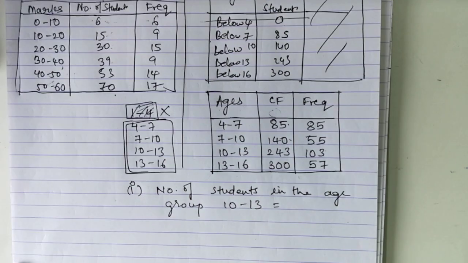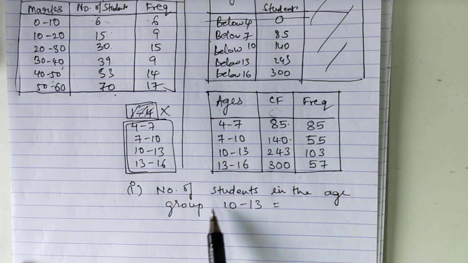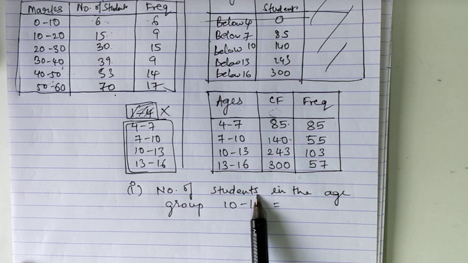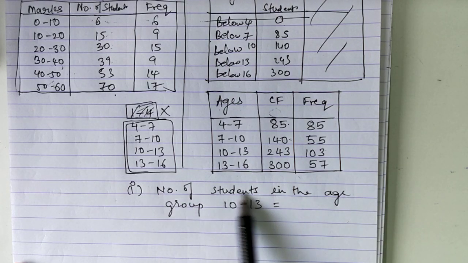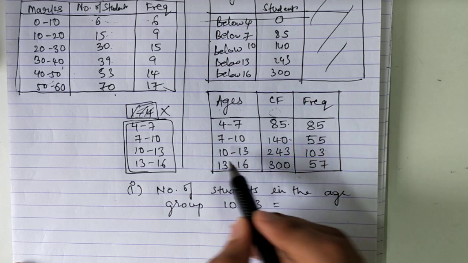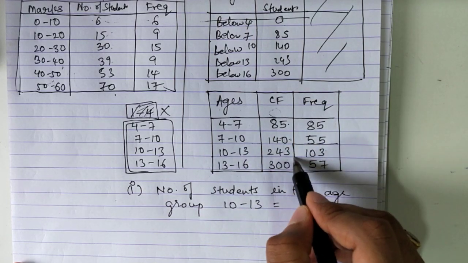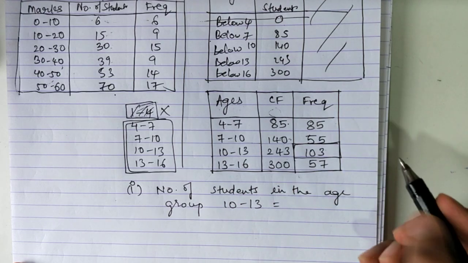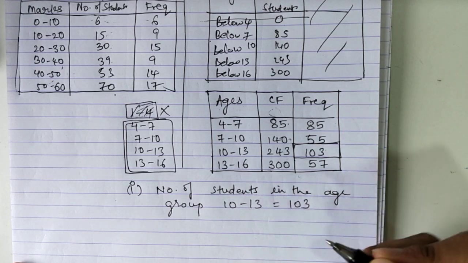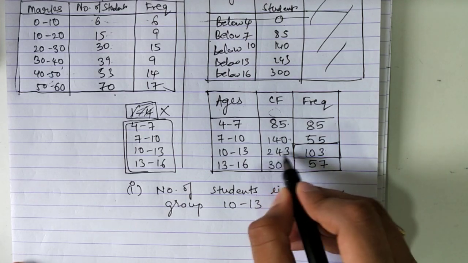Whenever you have to find the number of students in the age group 10 to 13, only between 10 to 13, the number of students is 103. Answer is 103. Answer is not 243.